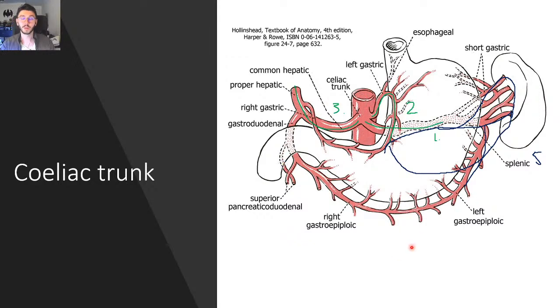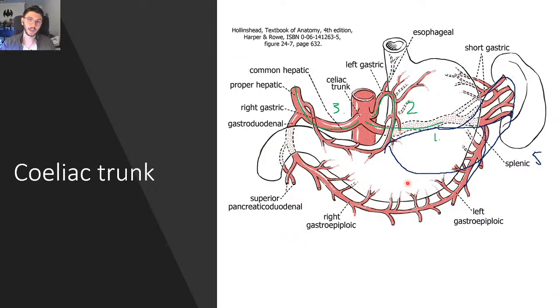So it goes together. We also have the short gastric arteries, which appear on here. These supply just the tip of the stomach, the fundus of the stomach. So short gastric supply the fundus, gastroepiploic the greater curvature, and left gastric just the lesser curvature.